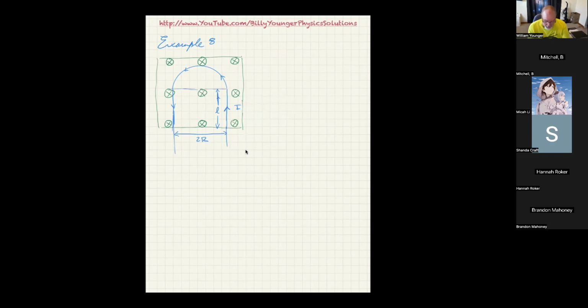So what I want to find is what is the total magnetic force on the wire?